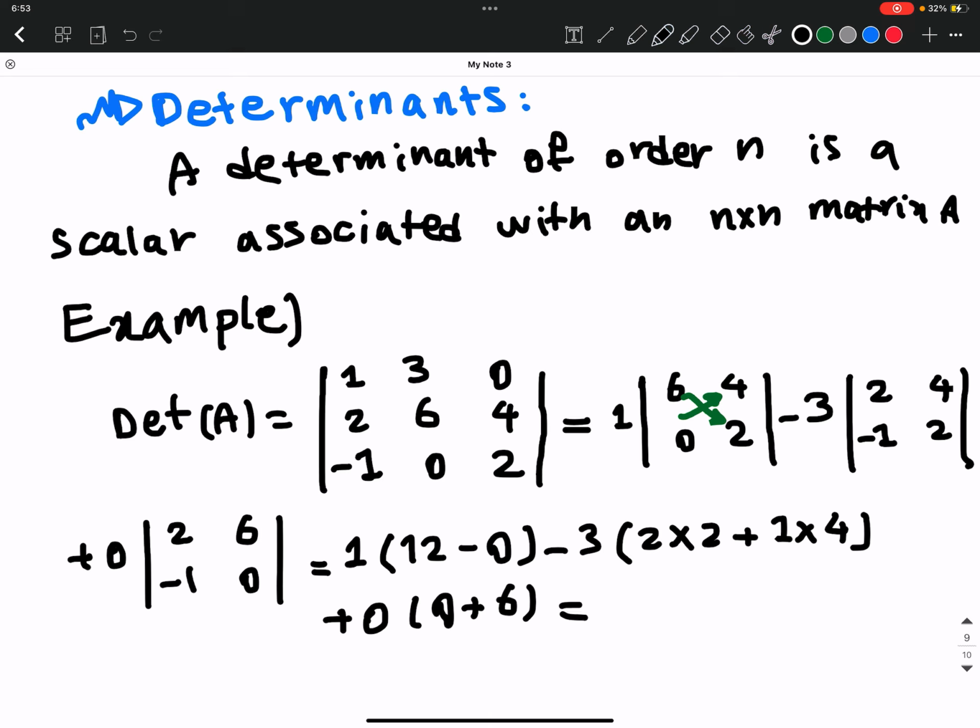And if you calculate this, what do we get? We get minus 12. So this would be the determinant of this 3 by 3 matrix.